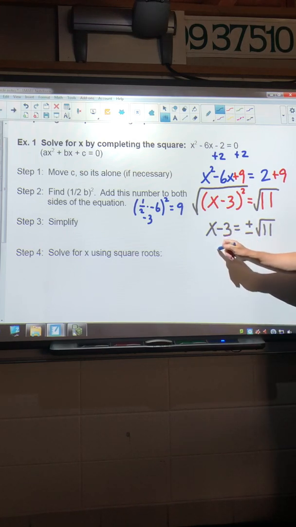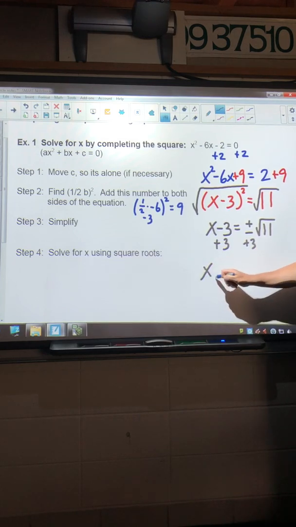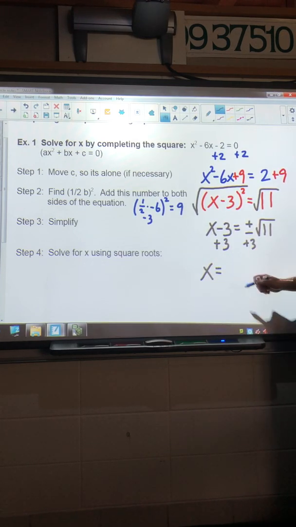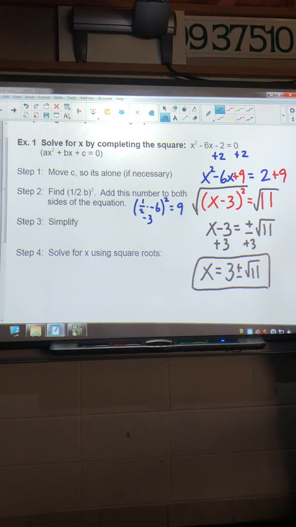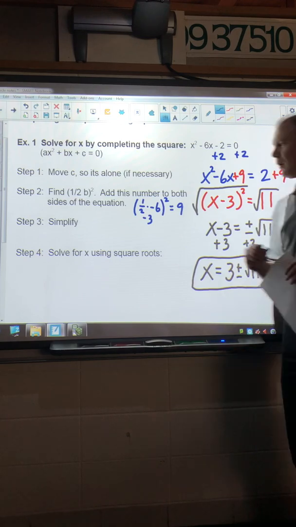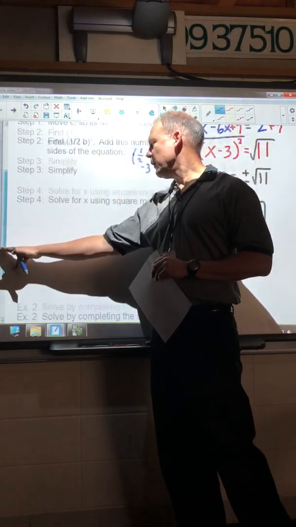Then we're solving for x, so we add 3 to both sides. Final answer, x equals 3 plus or minus the square root of 11. If you can simplify the square root, go ahead and do that, but we're not looking for any decimal answers here. So 3 plus or minus square root of 11. Okay.